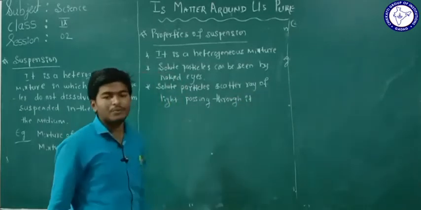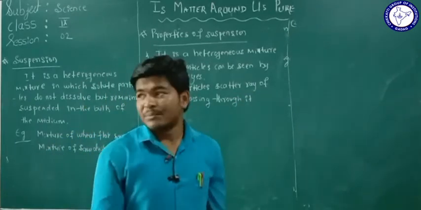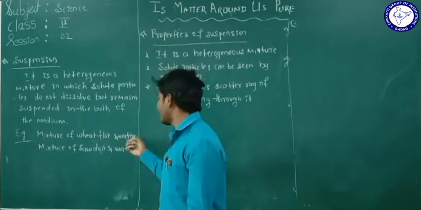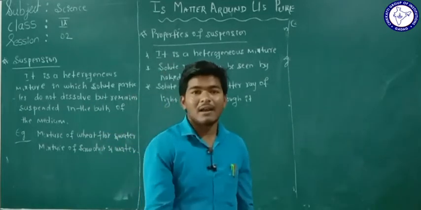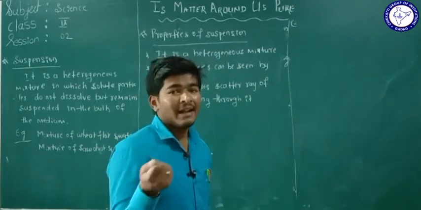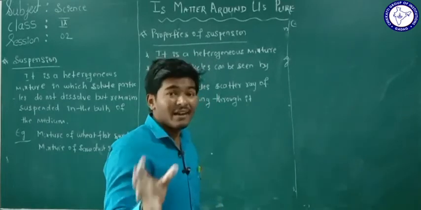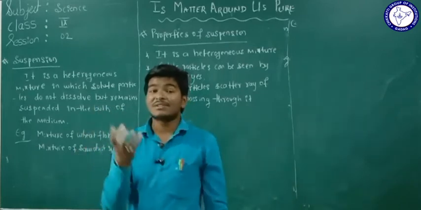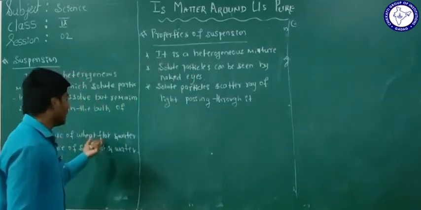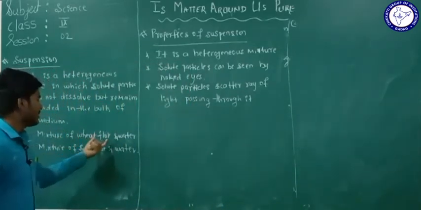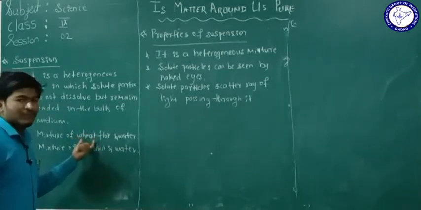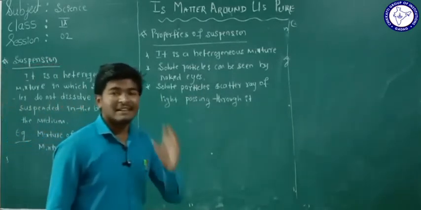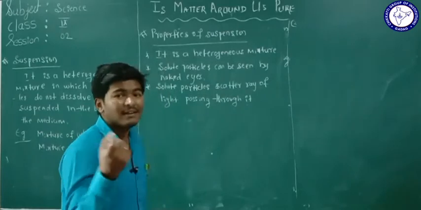If you put the mixture of wheat flour and water in a dark room and pass a ray of light through this mixture, the solid particles, which are nothing but the wheat flour, are going to scatter the ray of light.